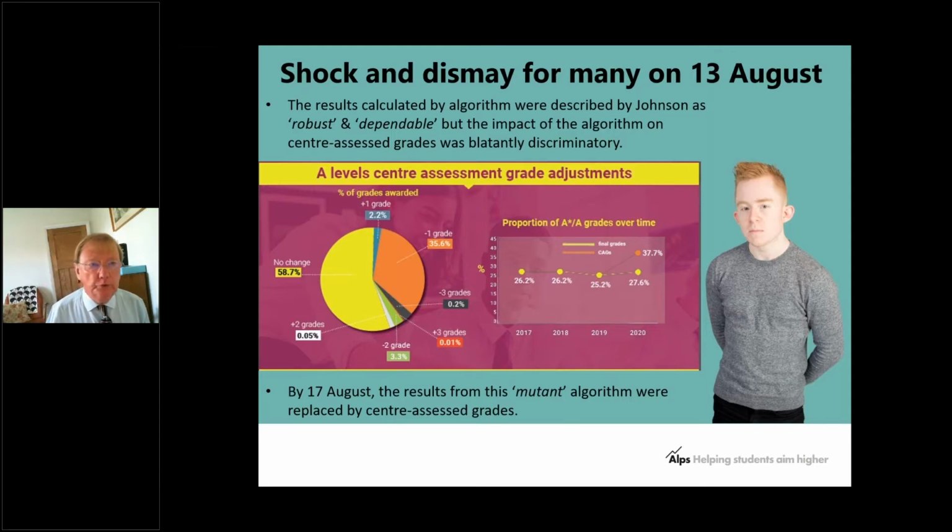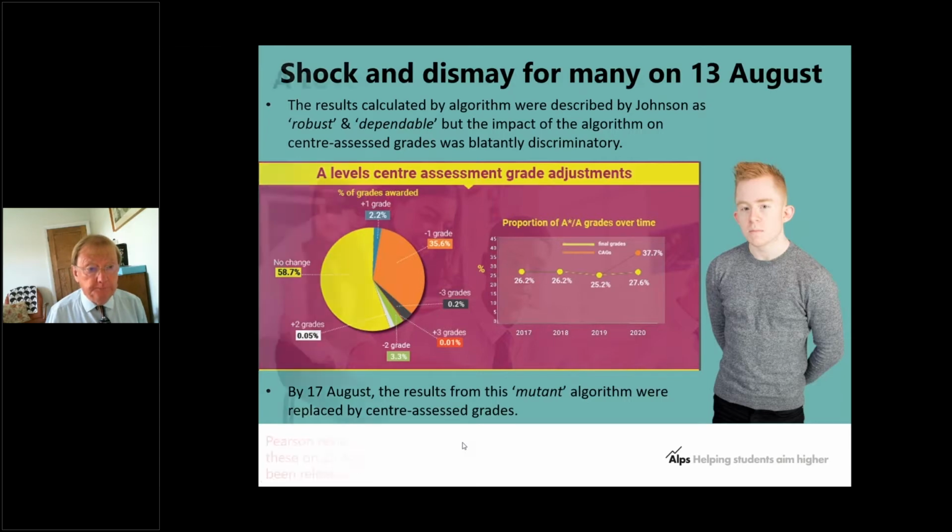Whilst we were told to begin with how robust and dependable the results were, thankfully it was literally days before those results were replaced by the centre assessed grades, which was the only way, I believe, of playing fair with the cohort, the lockdown cohort of 2020.